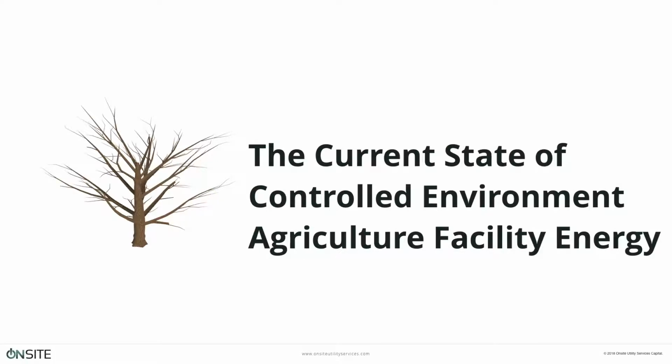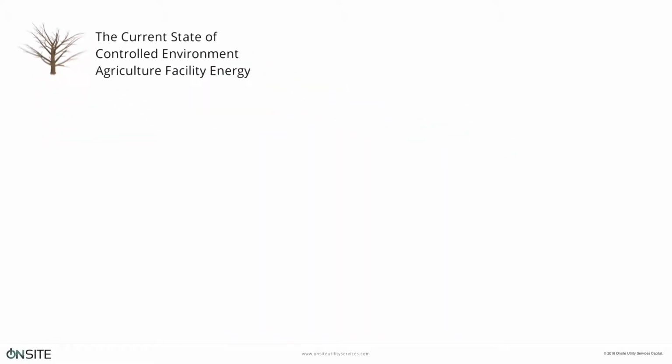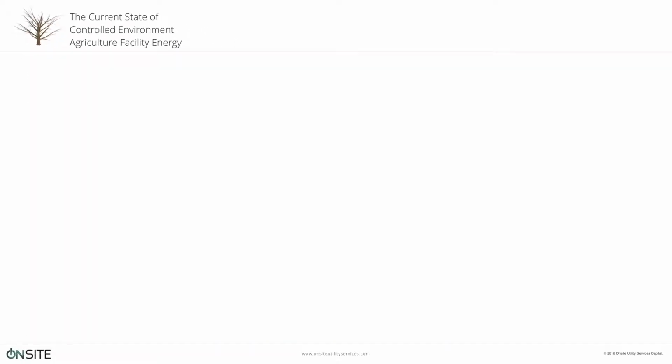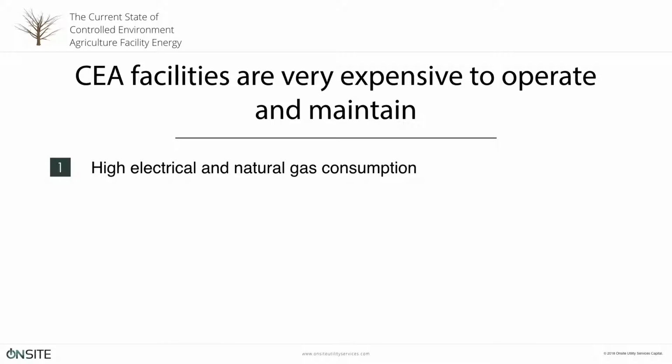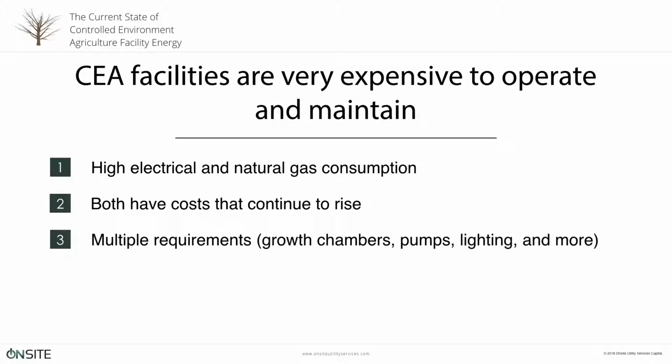Let's start off by taking a closer look at the current state of controlled environment agricultural facility energy. Operating and maintaining your facility can be very expensive. They typically have high electric and natural gas consumption, and both of those have costs that continue to rise. There are multiple requirements, like growth chambers, pumps, lighting, and more.